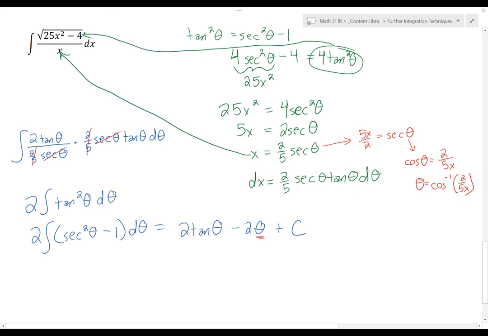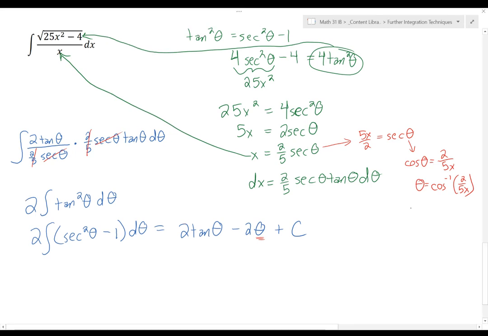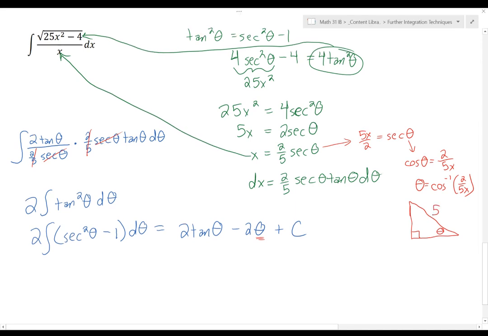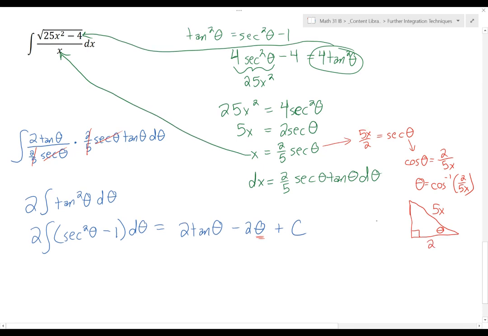We didn't do those derivatives, but essentially, if you were to do the derivative of arcsecant, you're going to end up with a square root in the numerator. So that's why these have kind of shown up. And then the other thing I need is the tangent of theta. Well, I defined secant theta as 5x over 2, so I'm going to draw my triangle. If this is theta, secant is hypotenuse over adjacent, so 5x for the hypotenuse, 2 for the adjacent.